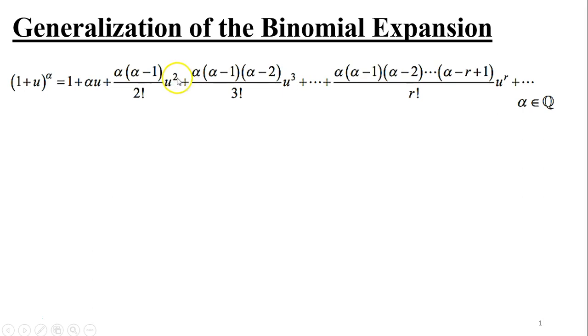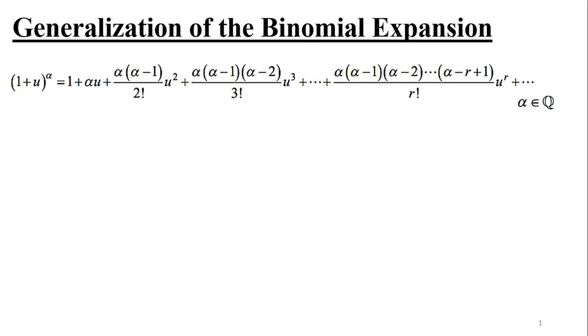Keep in mind that since the exponent here is 2, at the numerator I have two factors, which are α and α minus 1, and the denominator is the exponent factorial, so we have 2 factorial here. If we move on to u cubed, since the exponent here is 3, the denominator is 3 factorial, and the numerator consists of 3 factors: α, α minus 1, α minus 2.